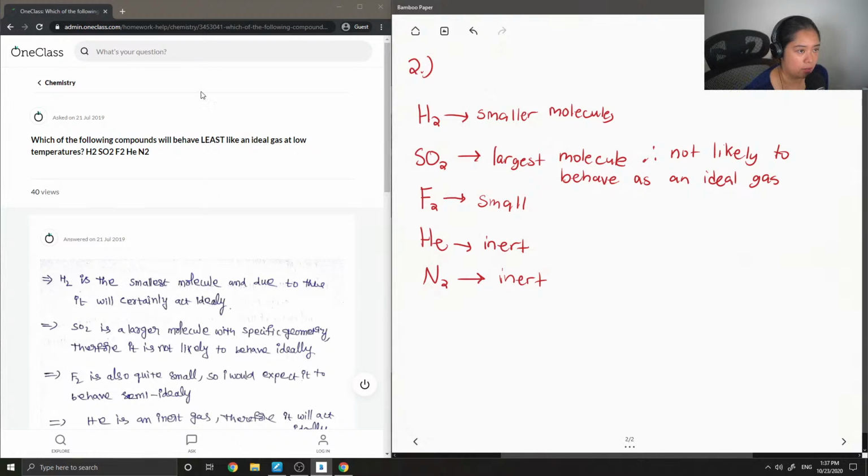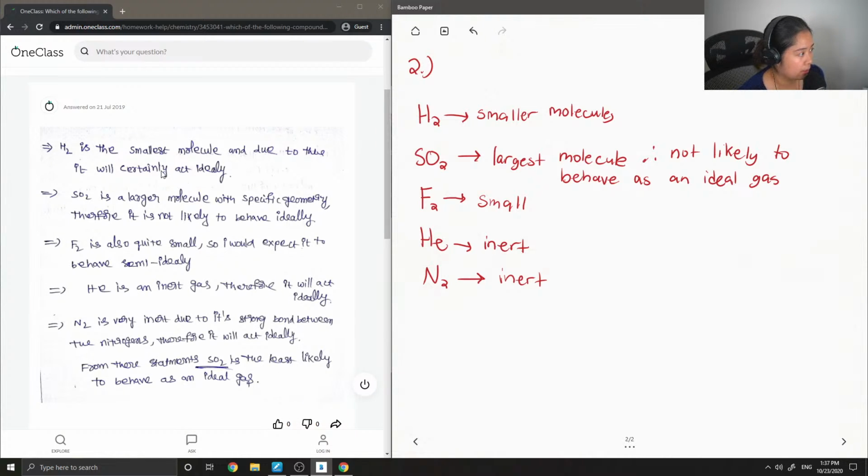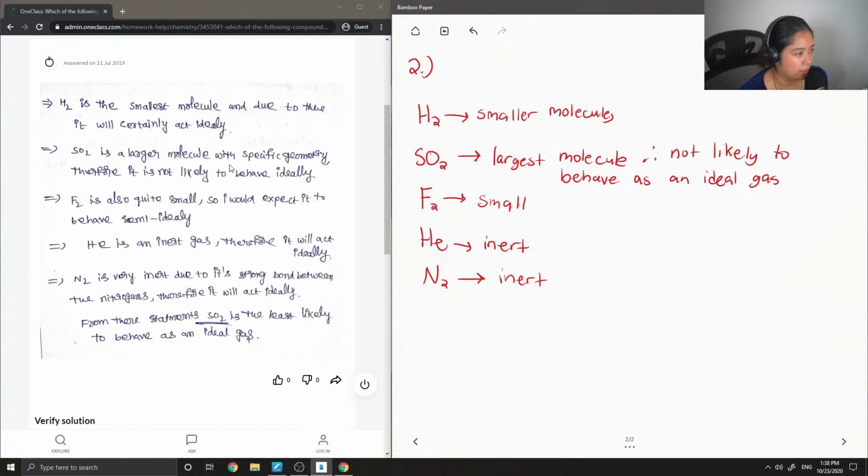Let's check out the answer from our junior tutor. Hydrogen is the smallest molecule, and due to this, it will certainly act ideally. SO2 is a larger molecule with specific geometry, therefore it is not likely to behave ideally. Yep. F2 is also quite small.